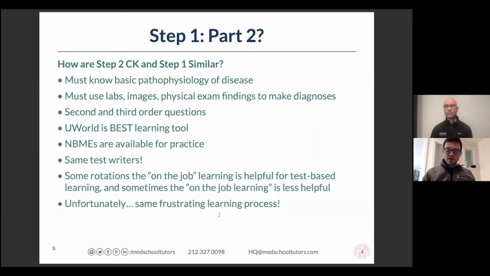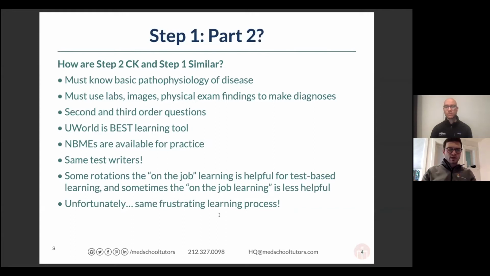And you need to retain some of those core basic pathophys principles that you learned for Step 1 in your core coursework. Again, very similarly, you need to have the labs, the images, the physical exam findings to make a diagnosis. And then you might have to go a step or two further. So it might not just be, hey, do you understand that this clinical syndrome is this disease?